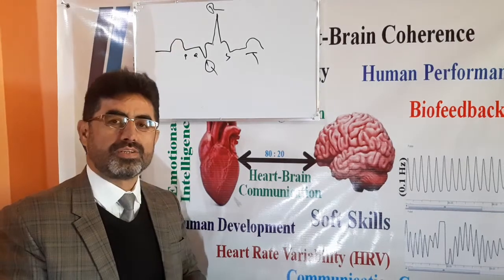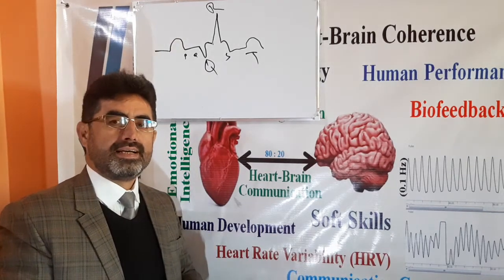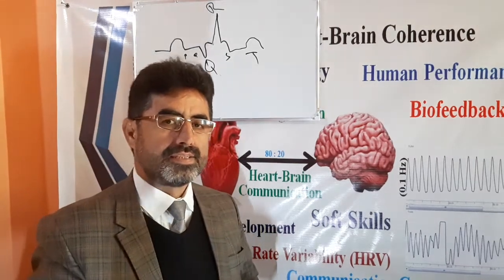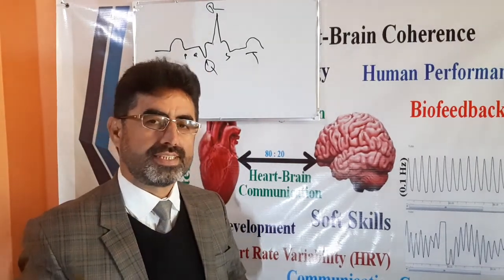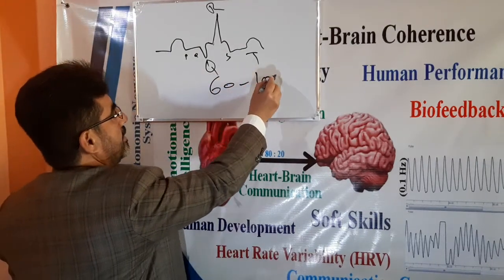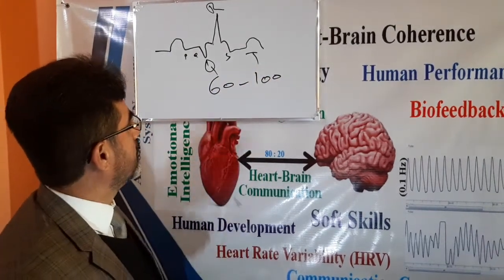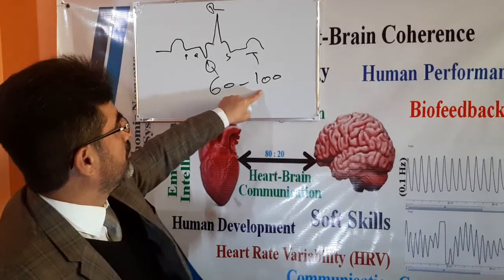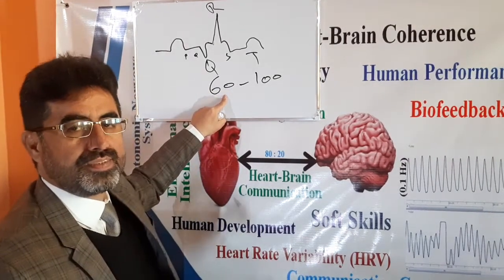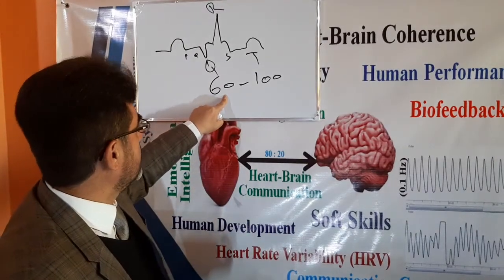The first one is the normal one. We can see the SA node's normal rhythm, which is from 60 up to 100 pulses. This is the optimal or most helpful process of actions and reactions of our conduction system.